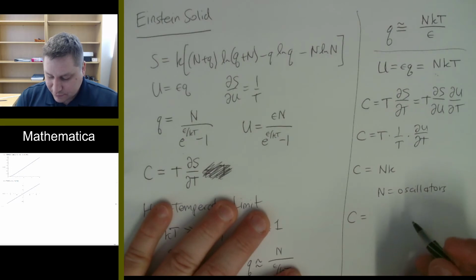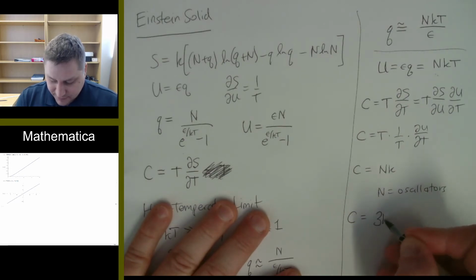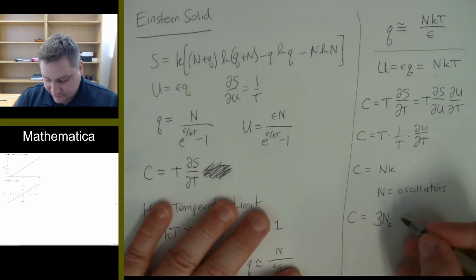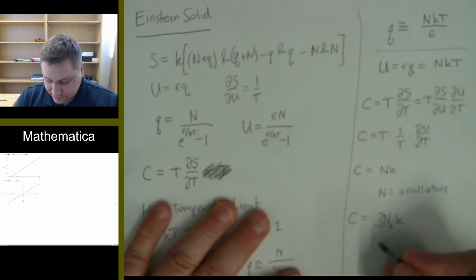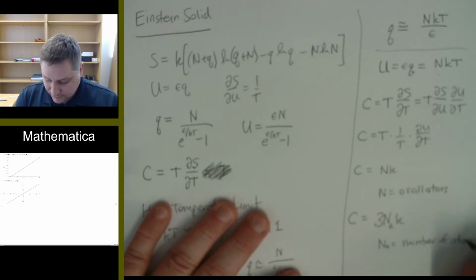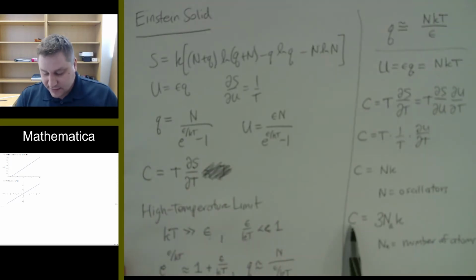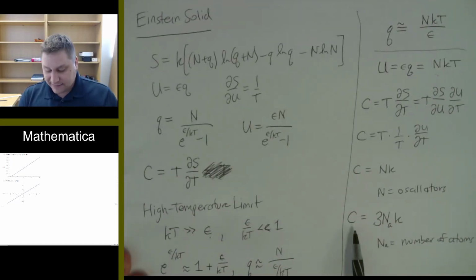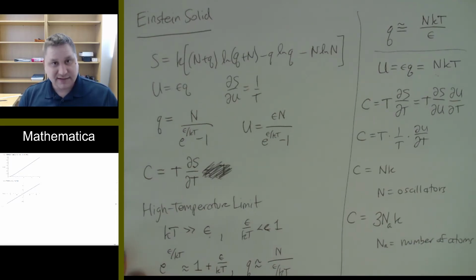So when we put this in terms of the number of atoms, which I'll write as n sub a, number of atoms, the heat capacity of that Einstein solid is 3 times the number of atoms times Boltzmann's constant.